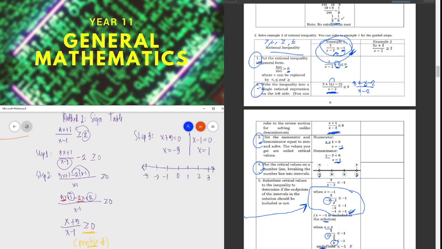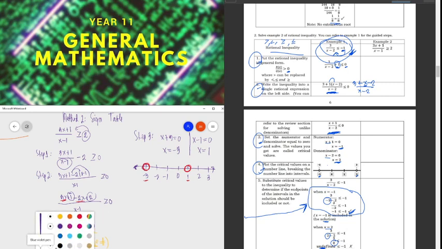I'm going to use another pen, red, to emphasize the critical values: this one and this one. Let me extend the line. So these are the critical values.